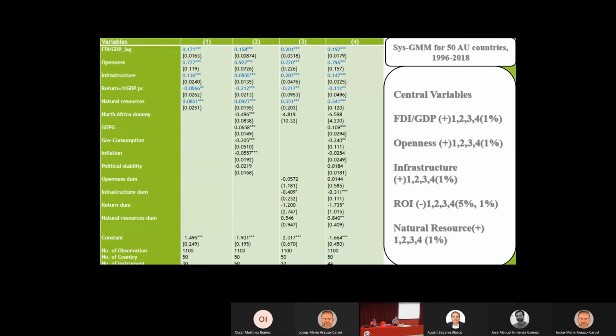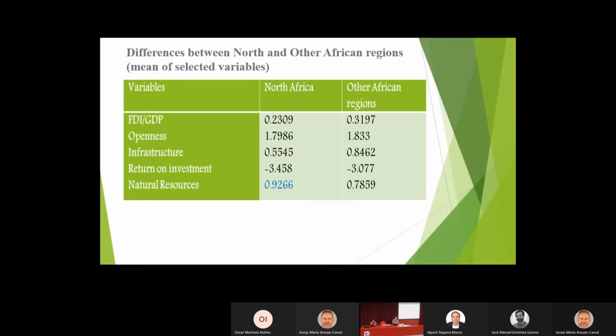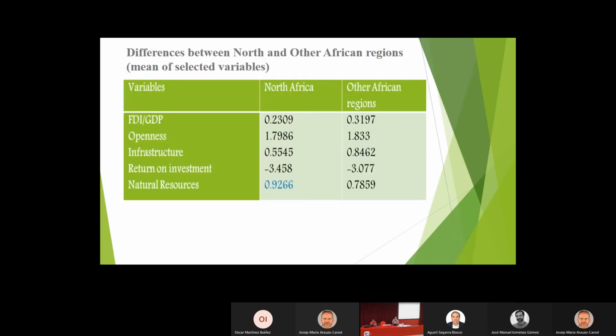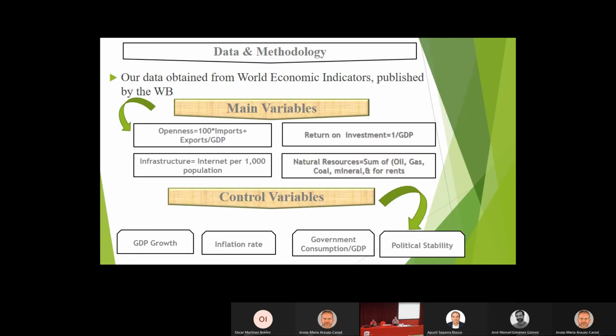So here are the results. Sorry, I didn't talk about the methodology. The methodology I'm using is the generalized method of moments. We are using this GMM to measure the data.